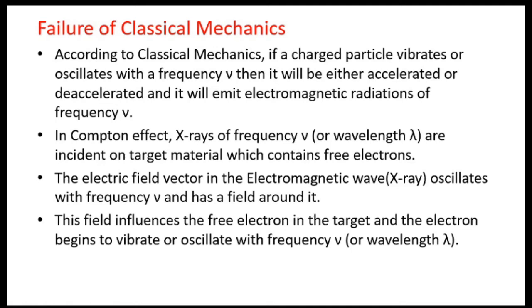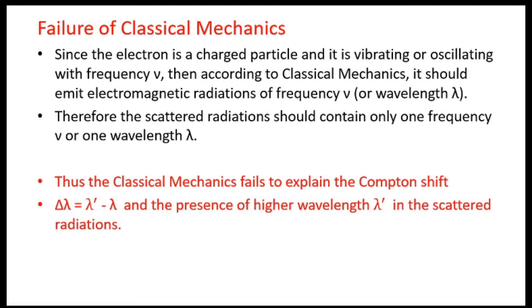So, if the X-rays, which are electromagnetic radiations, are incident on the target material, the electrons are influenced by the electric field and begin to oscillate with the same frequency nu. Now, according to classical mechanics, since the electrons are charged particles oscillating with a certain frequency nu, they should emit electromagnetic radiation of the same frequency nu or wavelength lambda.